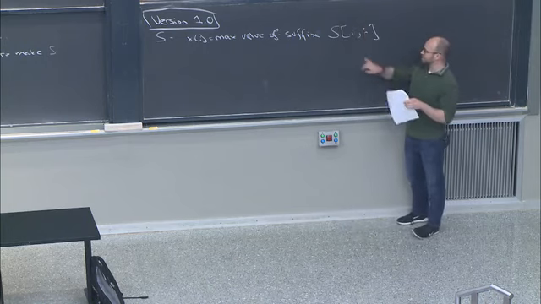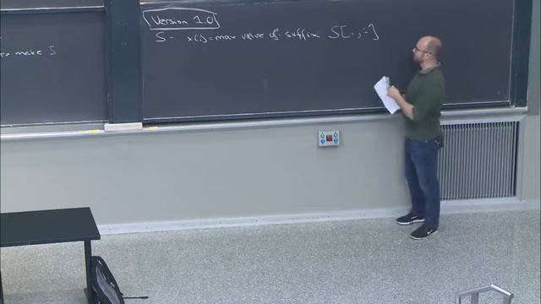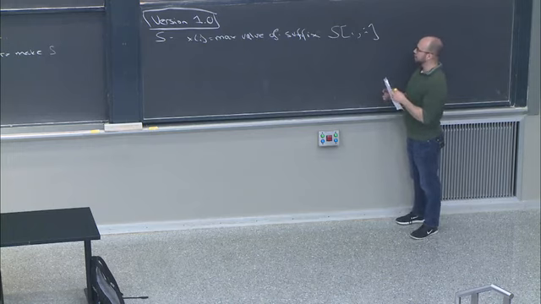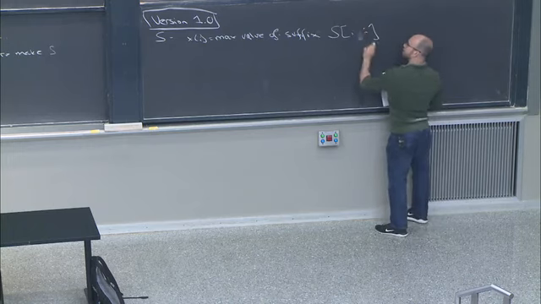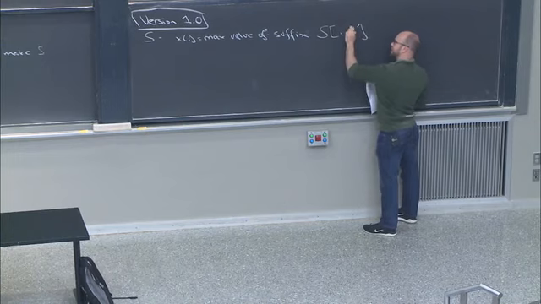See, it's a suffix because it starts at i and it goes to the end. No comma. In MATLAB, it would be a comma. And that's a colon, and that's an i.